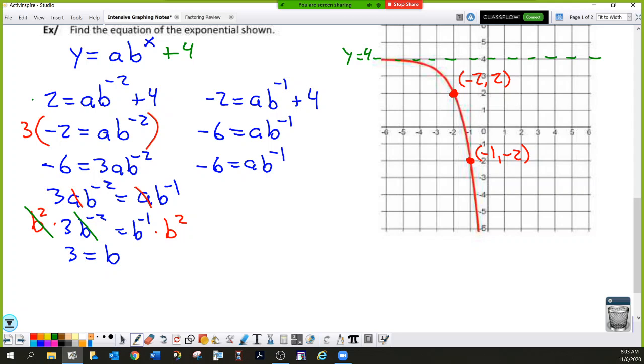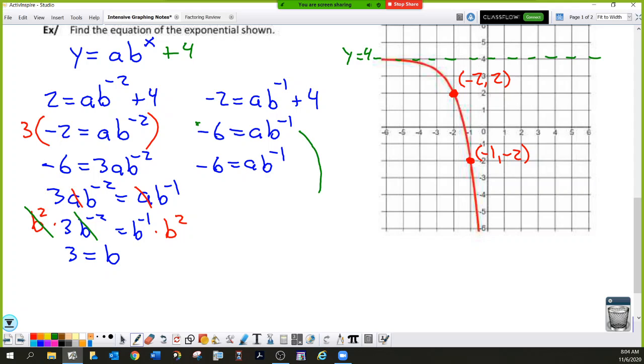You guys okay with that? Where that green dot is? Or, you know what will be even easier? Let me plug b equals 3 in right there. Why, Mr. M? Because the power of that b is a 1. I know it's a negative 1, but it's just a 1. We okay with that? Great.